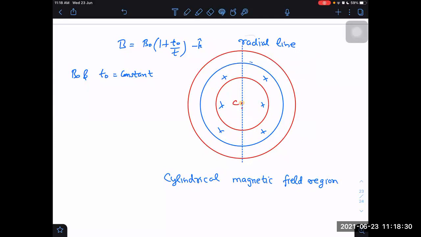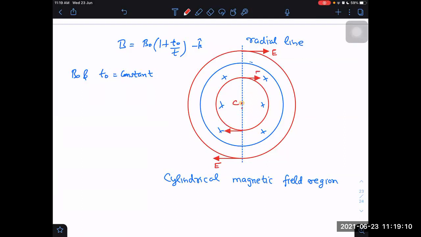Now observe this radial line. If I ask you one simple question, what will be potential difference around the radial line? Clockwise or anti-clockwise, I forgot that again. Clockwise. And field lines will be like this. If I take a tangent to the field line, that is representing the field at that location.